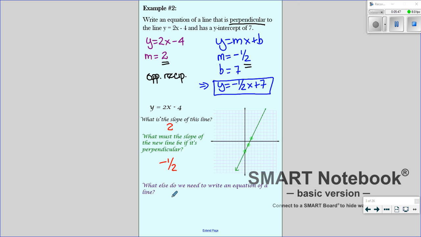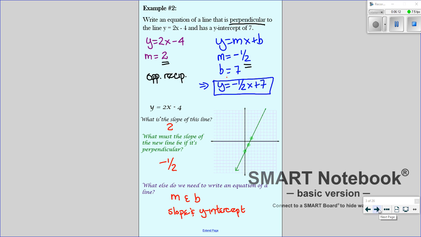We need the m and b, so the slope and y-intercept. So this is what we did to get to this result, the line that's perpendicular to the existing line that they gave us.